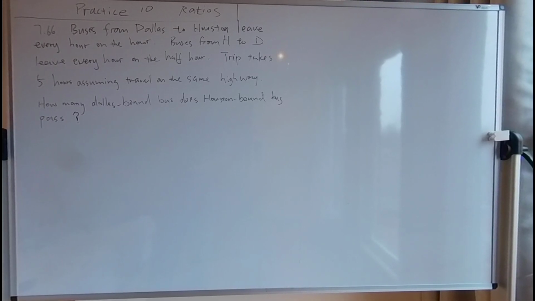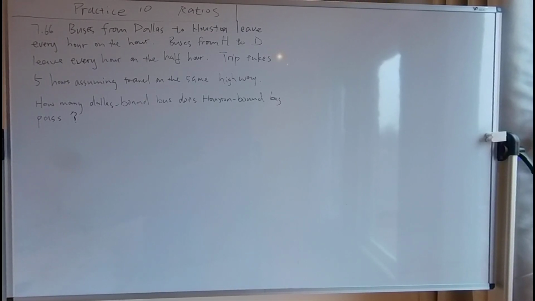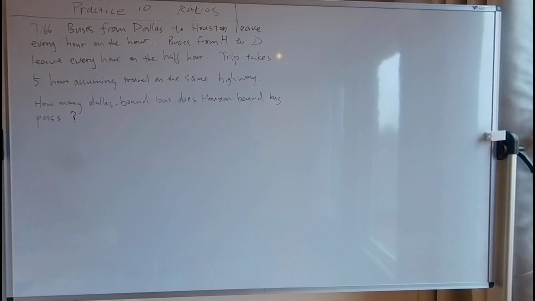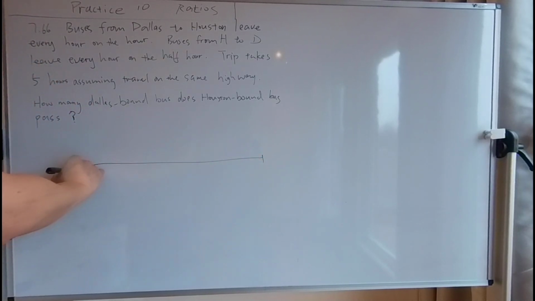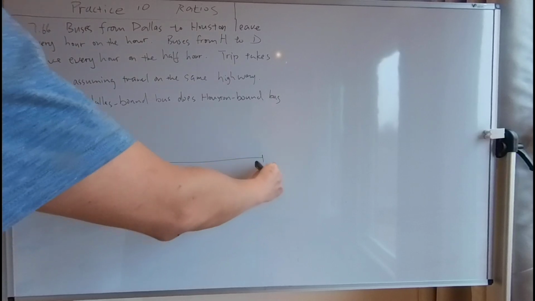Okay, let's take a look at the last question. The last question, we have buses that travel between Dallas and Houston. And we know that, let's draw the picture here, from Dallas to Houston.